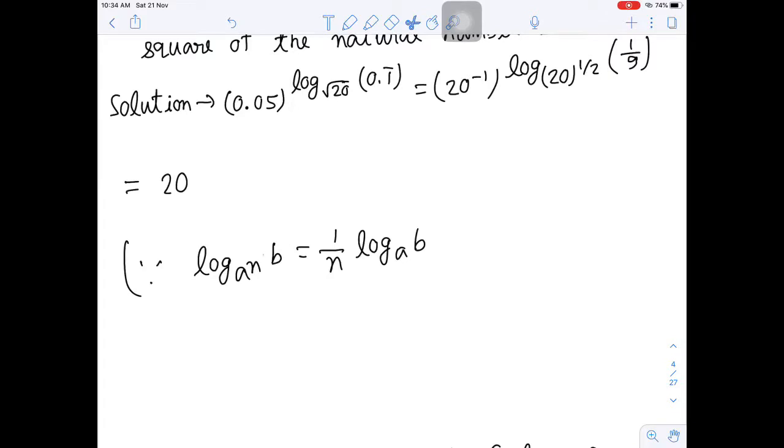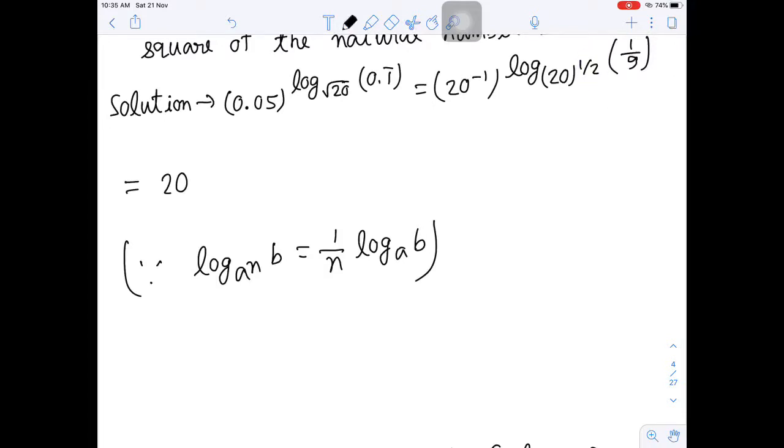So the power of the base will come outside and be in the denominator. If the power is n, then outside you multiply by 1 by n, or basically you are dividing the log by n. So according to this, outside you will write 1 by the reciprocal of this power.